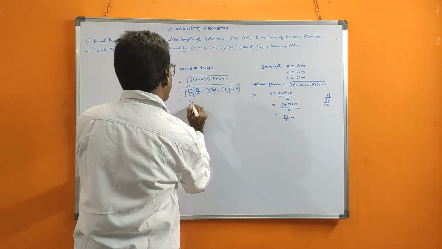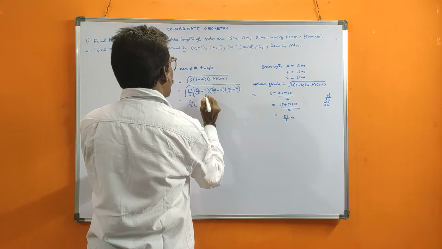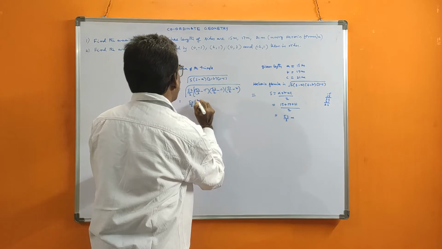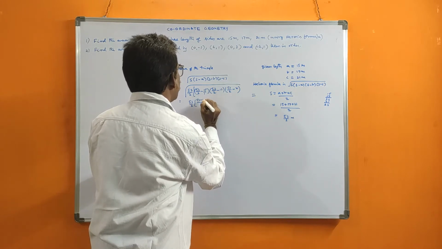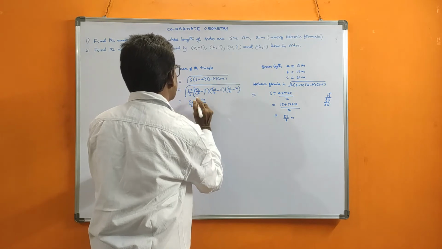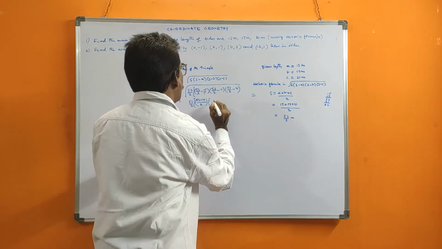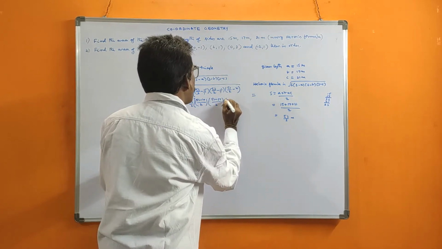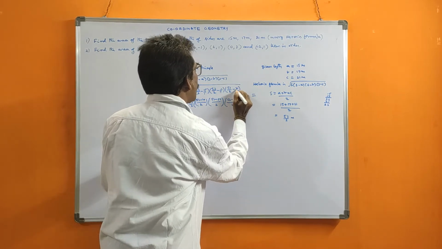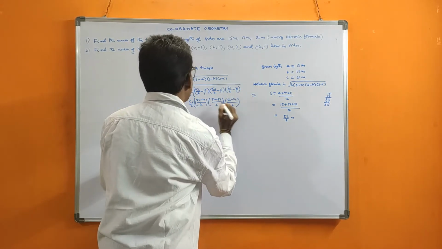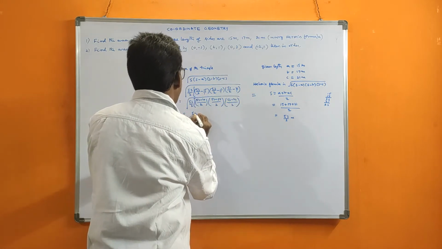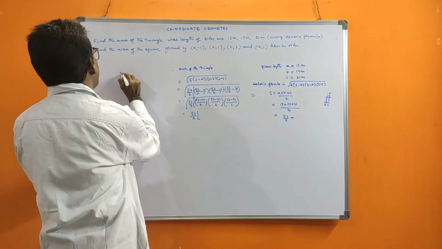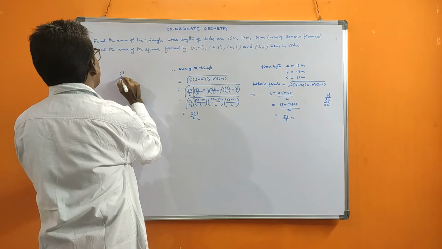Now take the LCM: 53 by 2 into 53 minus 30 by 2, which is 23 by 2.